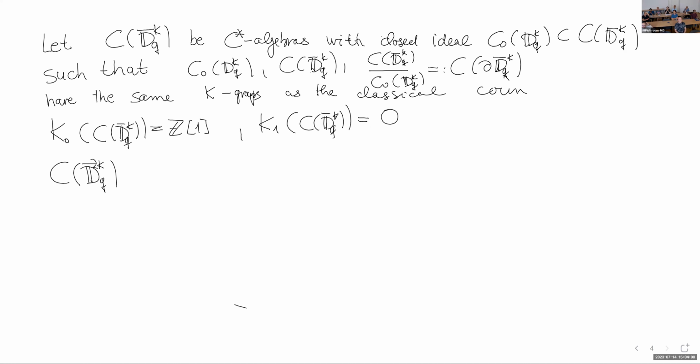So I take Toeplitz, k times. And what are the balls?